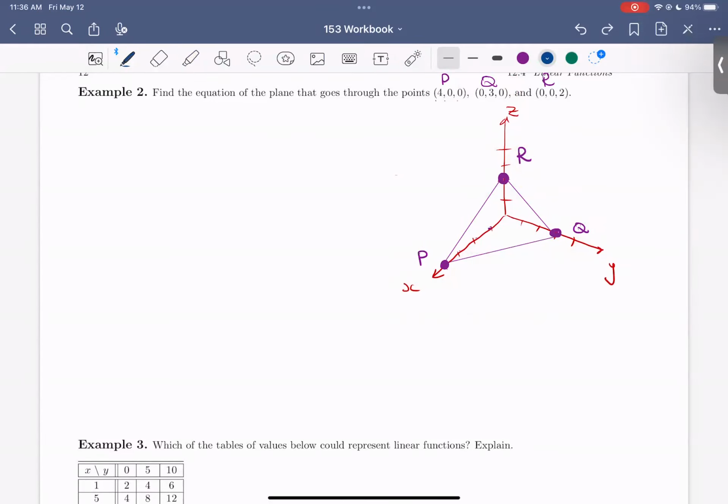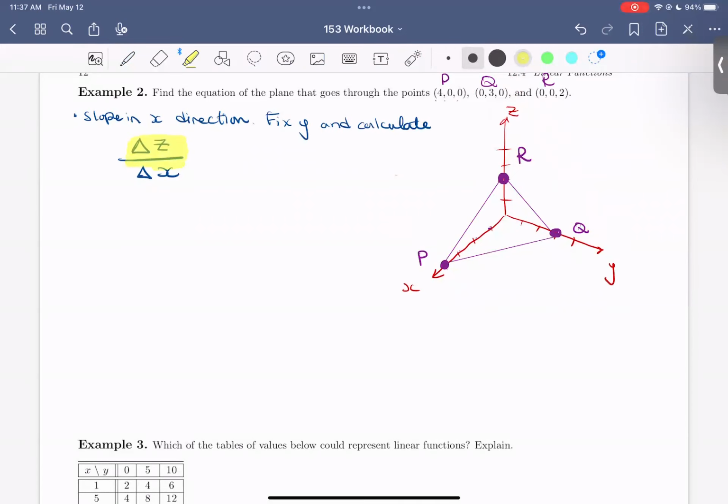Notice that these points are really going to be helpful. We first want to consider the slope in the x direction. This means we want to fix a y value and calculate the change of z compared to the change of x. That is the notation for the slope in the x direction.